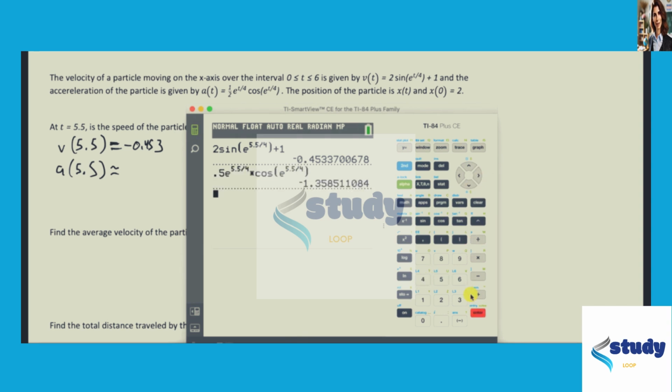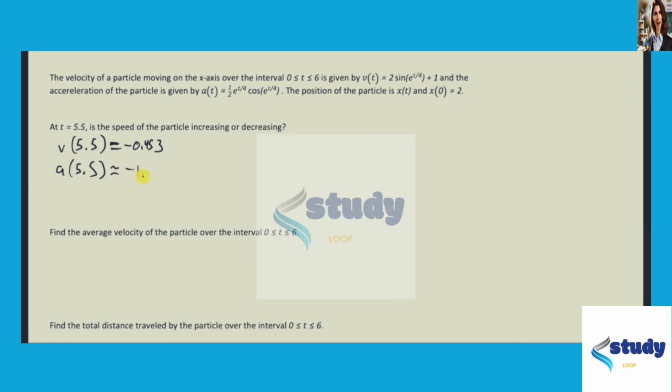And that gives us about negative 1.356. So we see the velocity is negative and the acceleration is negative. So we're moving in a negative direction, and the acceleration is pulling us further in a negative direction. That means the speed has to be increasing, since the acceleration and velocity have the same sign.